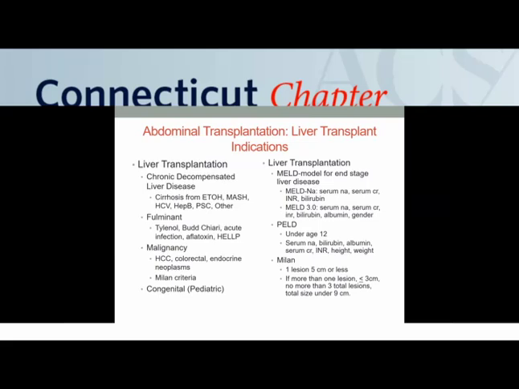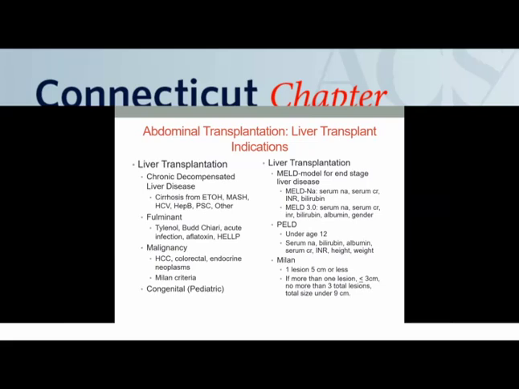There's also malignancy as a reason to transplant folks. The most likely malignancy that would be transplanted is hepatocellular carcinoma. Again, that constitutes probably 90 to 95% of all patients who are transplanted on the basis of malignancy. Overall, about 30% of all chronic liver disease patients may develop a hepatocellular carcinoma. There are other malignancy-related indications for liver transplantation.